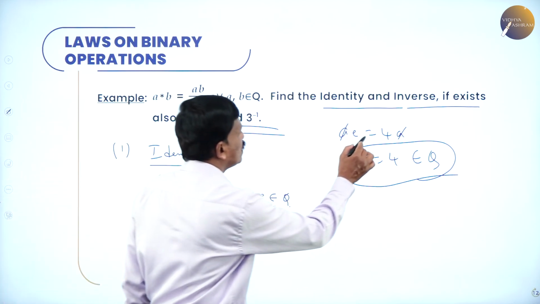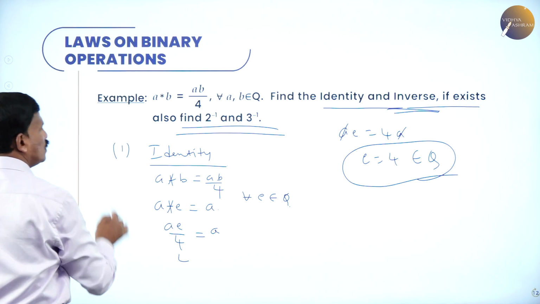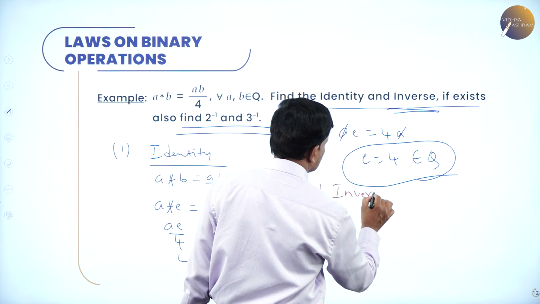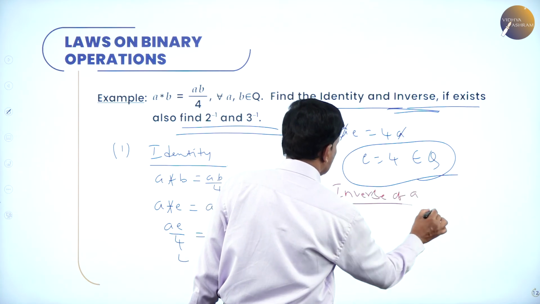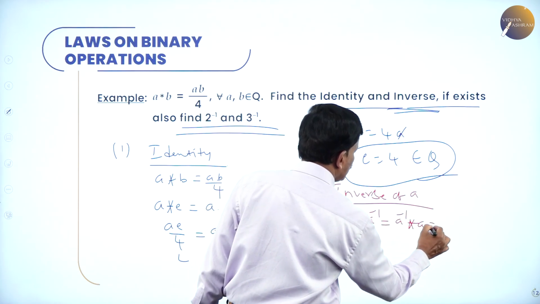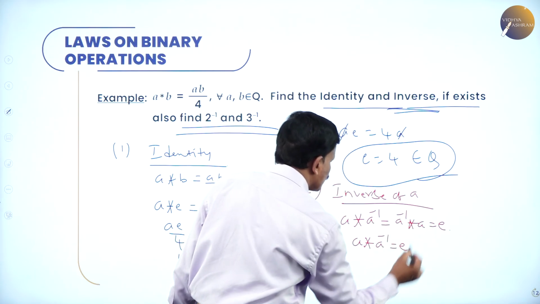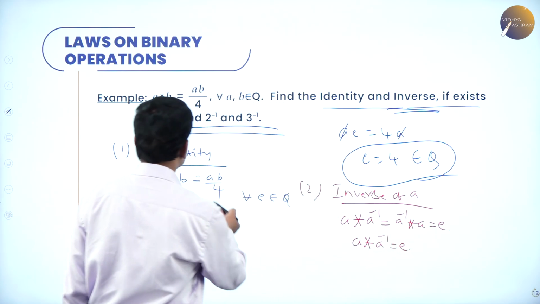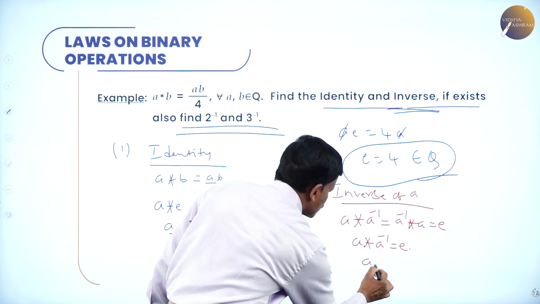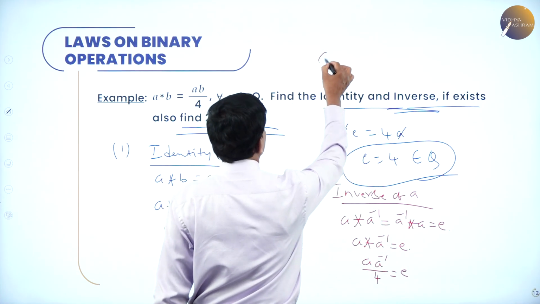Now let us find the inverse. Inverse of A. What is the condition? A star A inverse is equal to A inverse star A is equal to E. Now let us take A star A inverse is equal to E. According to the definition, A star B is equal to AB by 4, so A star A inverse can be written as A into A inverse by 4 is equal to E. Cross multiply this.